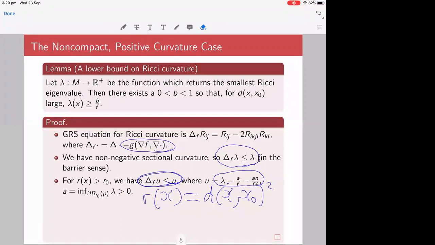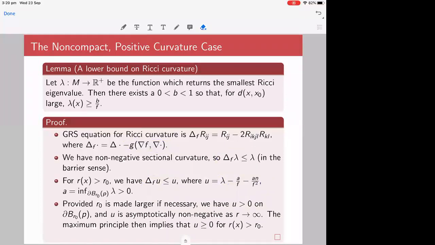Therefore, if we restrict attention to the boundary of a certain ball, it's still going to have to be positive even in the infimum. Now, this is a useful thing to keep track of, because as long as we make this R0 number larger if necessary, we can force u to be positive on this boundary as well. The reason for that is because of how we defined this u function in the first place.